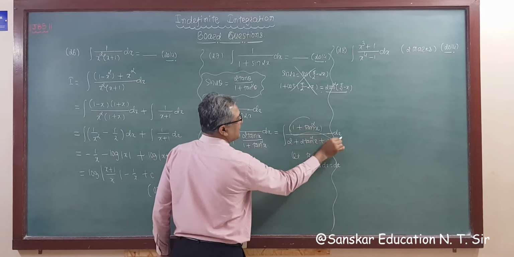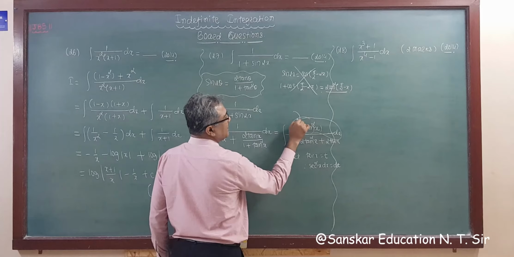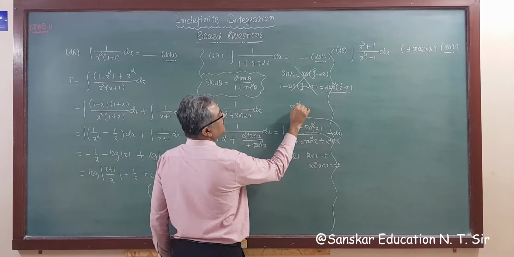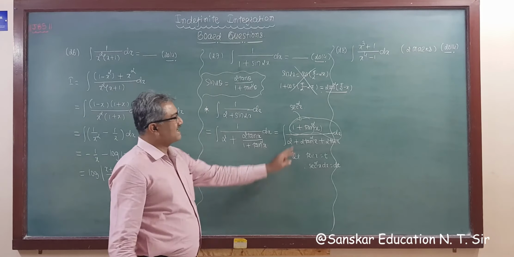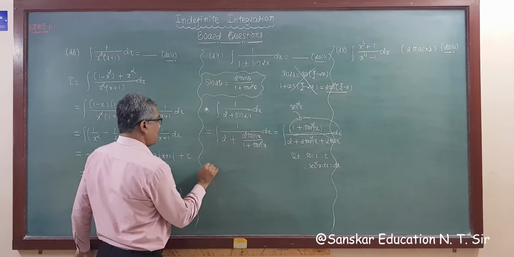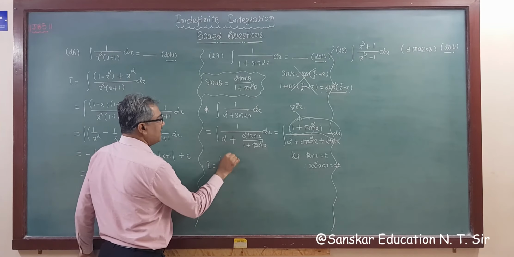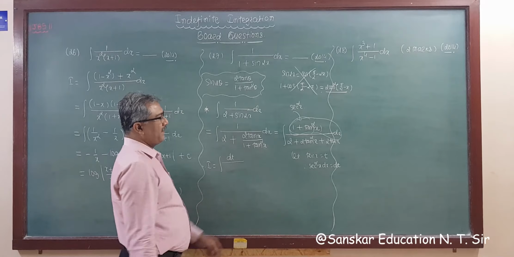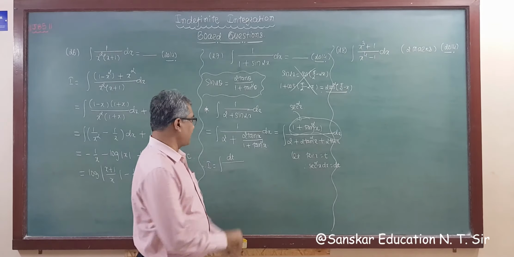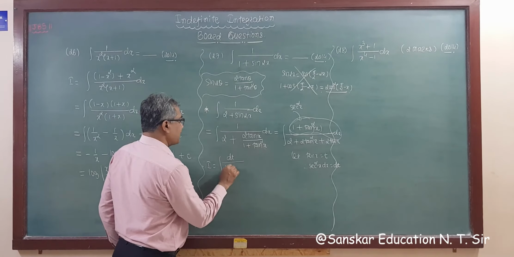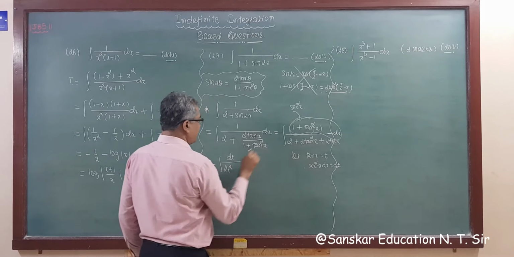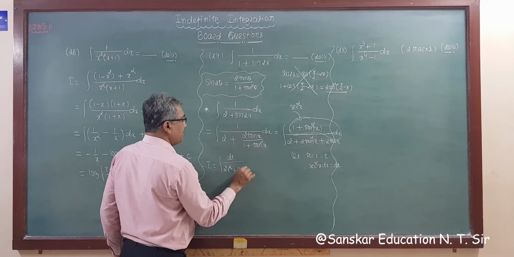This is because 1 plus tan square x is sec square x. So sec square x dx is dt. So I will get the integration of dt upon 2t square plus 2t plus 2, right?